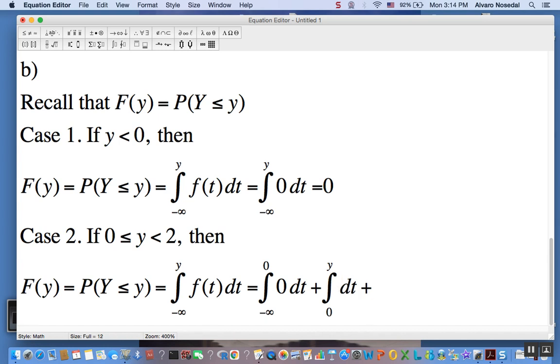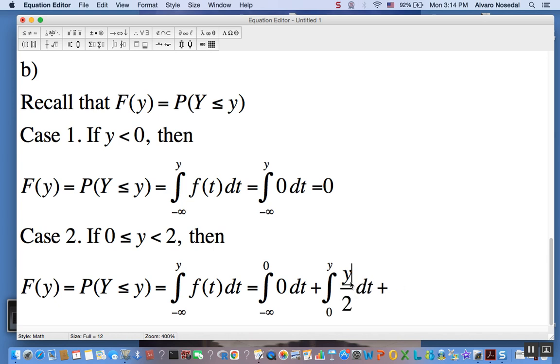But now the expression for the PDF changes. It's going to be c times t, and what we said is that c equals 1/2. Remember, we found that guy. So it's just t divided by 2.